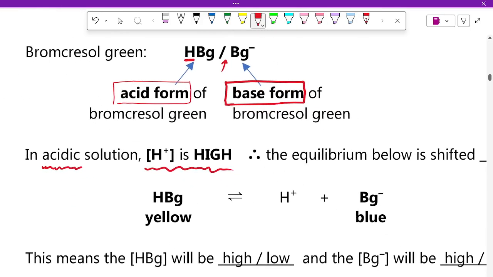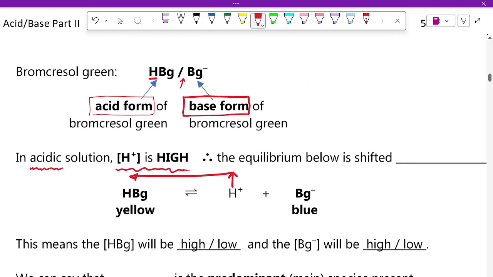What will that do to this equilibrium? It will shift it to the left. So the equilibrium is shifted left. That means that HBG concentration will be high and BG minus will be low. So we are going to see what color? We're going to see yellow.